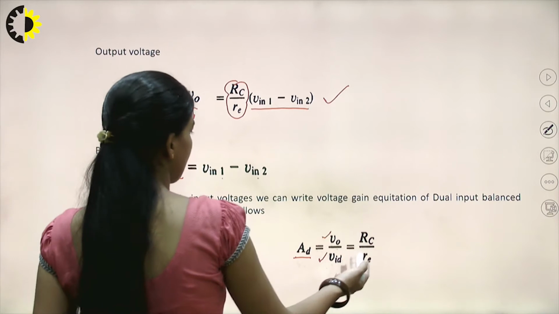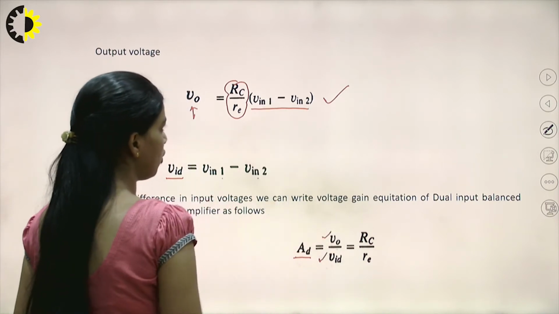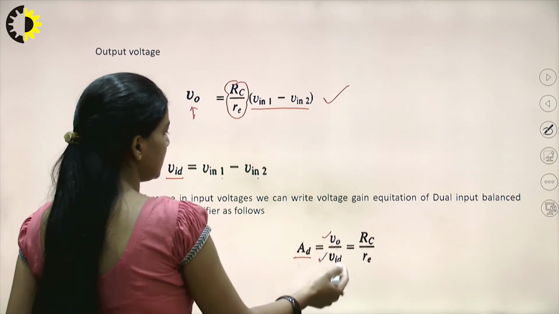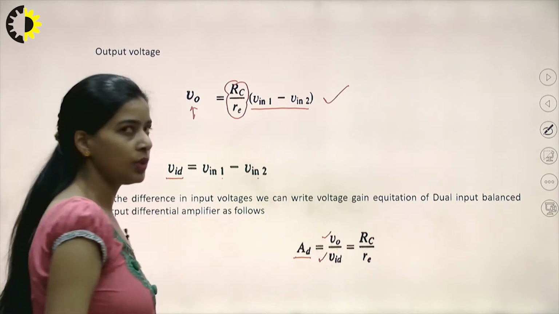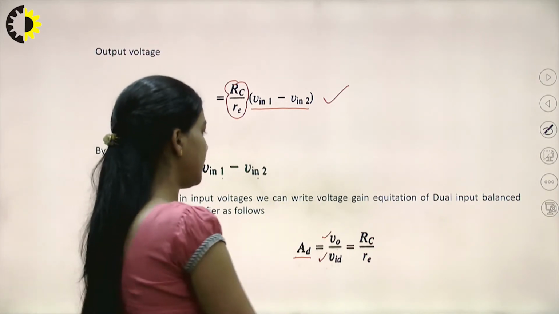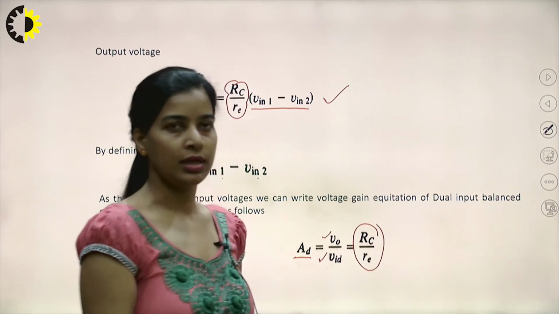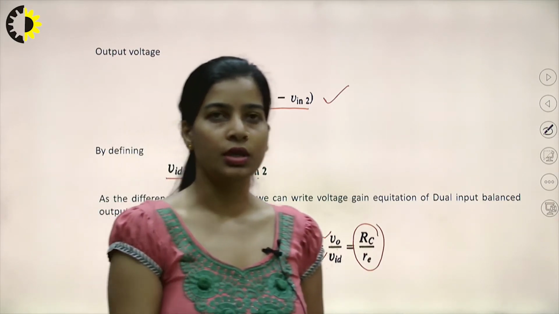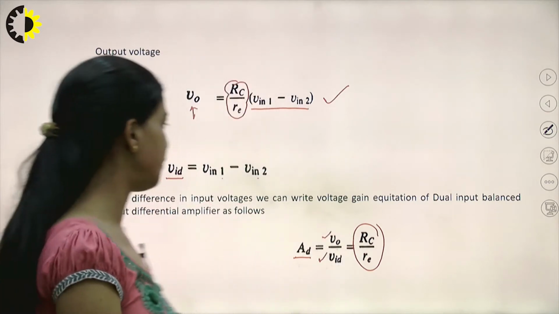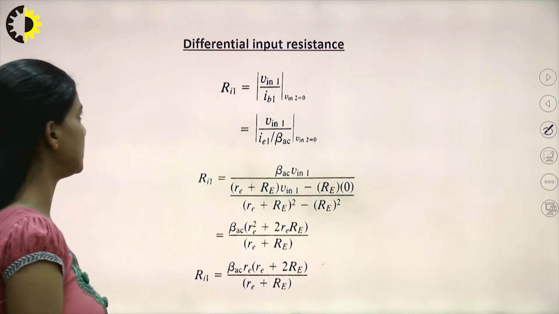When we divide this expression of V out by VID, the V in 1 minus V in 2 gets cancelled out, and the gain we get is RC by RE. That is the gain of the dual input balanced output differential amplifier configuration.